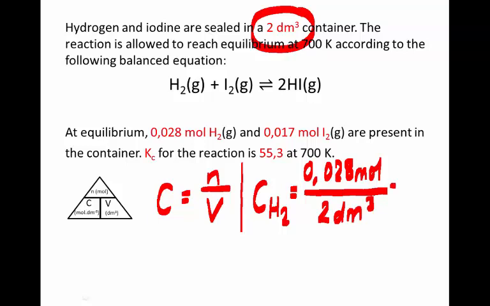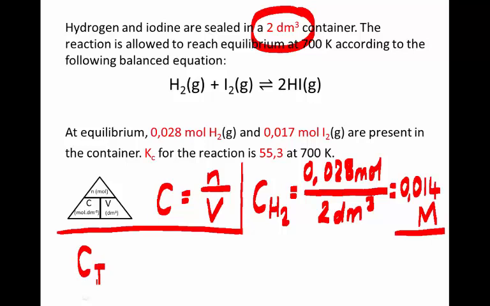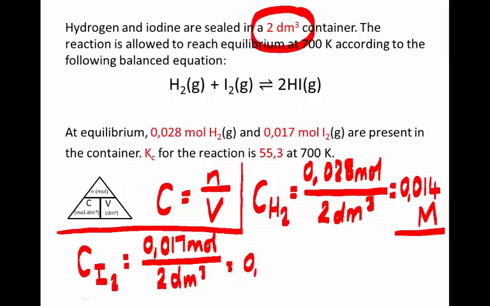So at equilibrium, the concentration of hydrogen that we have is 0,014 mole per decimeter cubed, which is the same as molar. And the concentration of iodine that we have at equilibrium is the number of moles that we have, 0,017 moles, divided by the volume of the container, 2 decimeter cubed, 0,0085 molar.